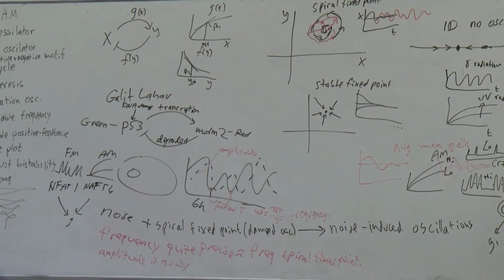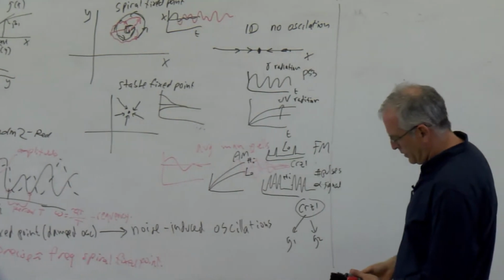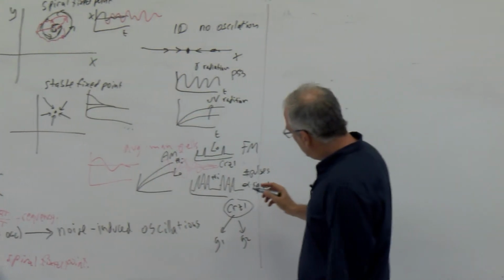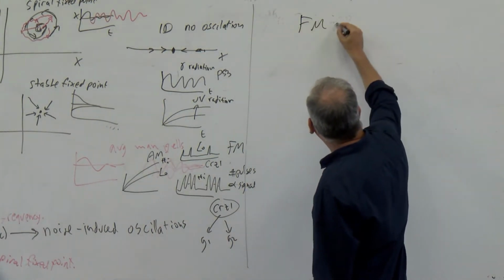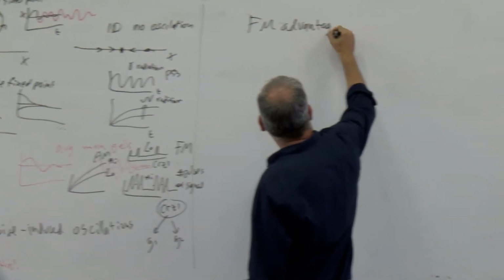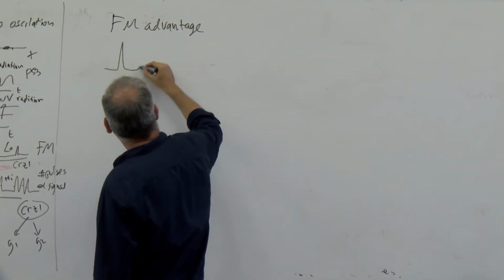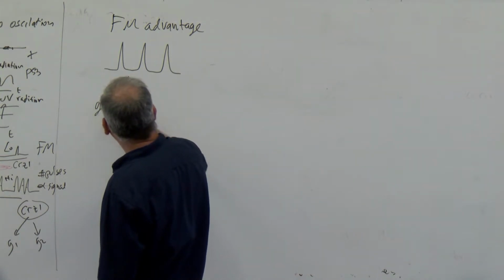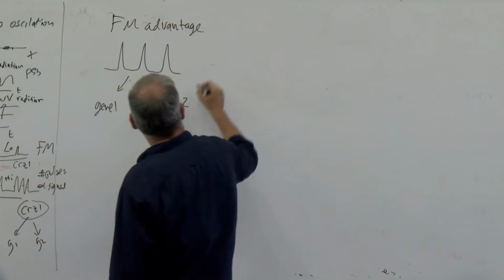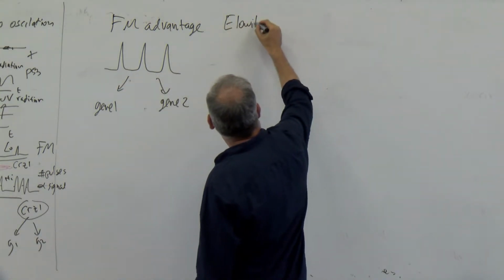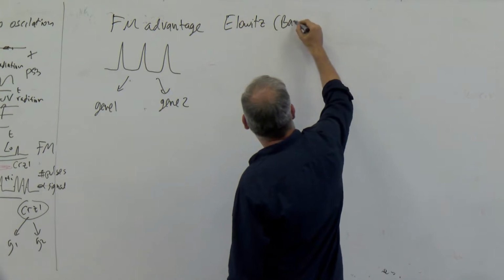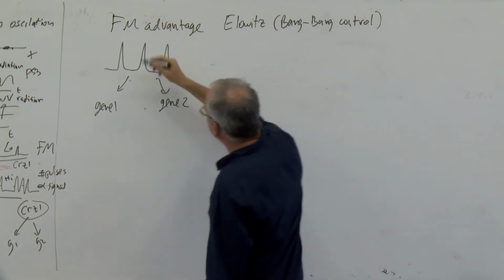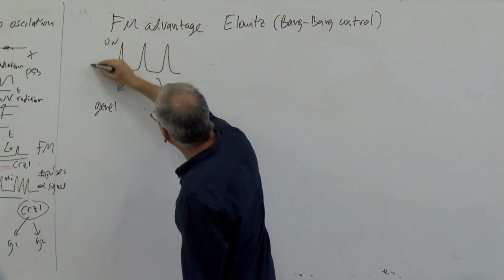So what did you say was the advantage of FM? FM advantage. Suppose you have two genes that are regulated. This is Michael Elowitz, who called it bang-bang control. So these spikes are either on or off.